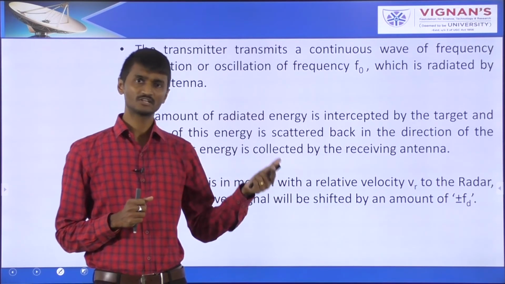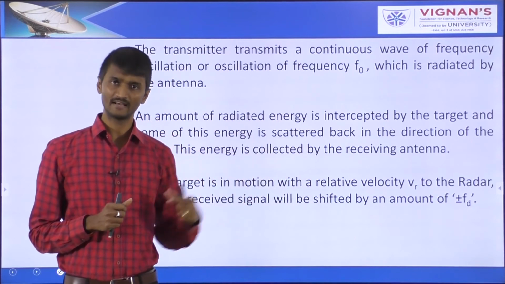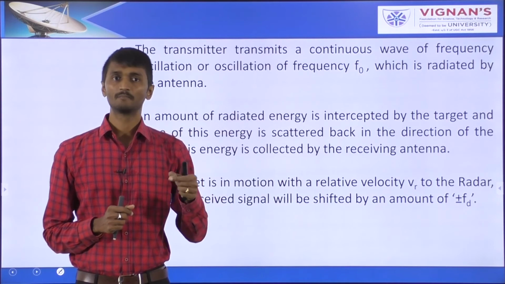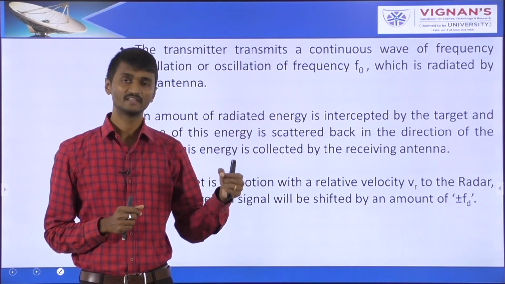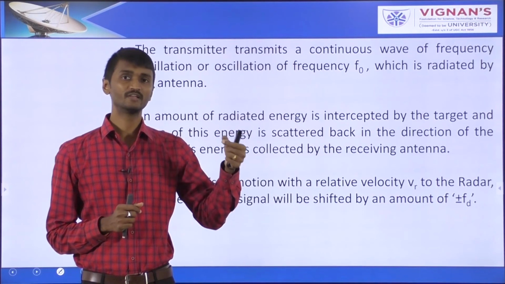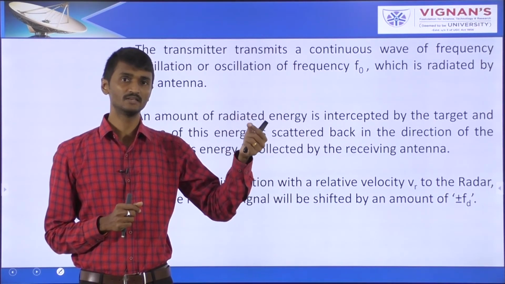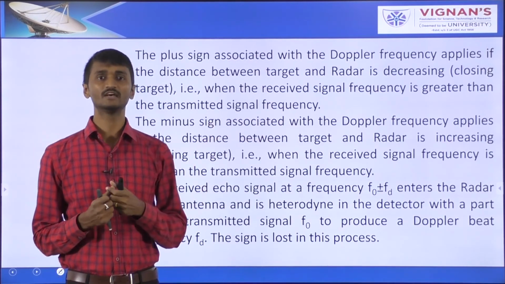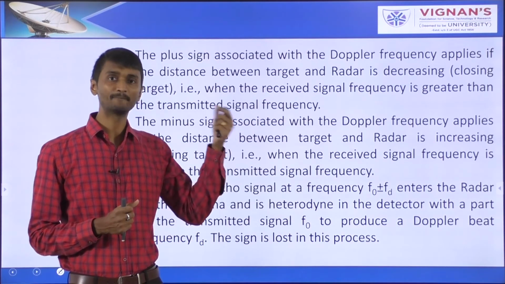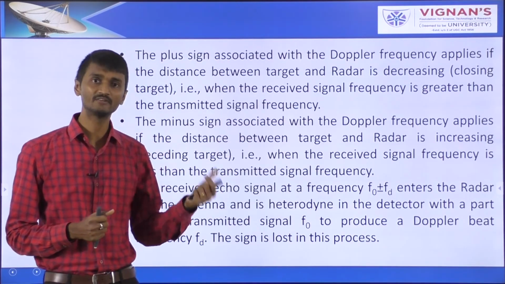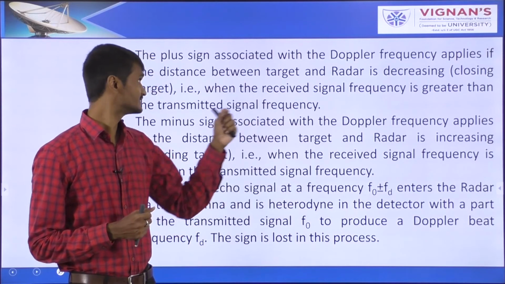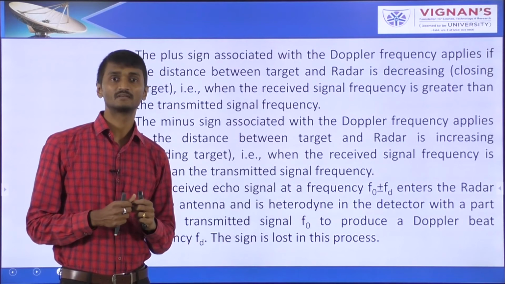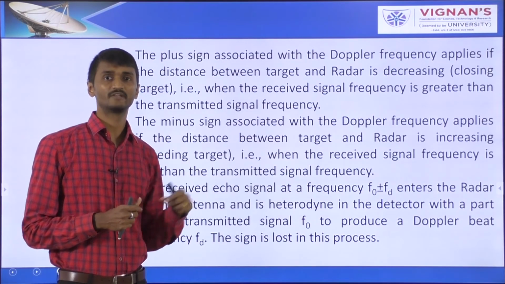If the target is in motion with a relative velocity Vr to the radar, then the received signal will be shifted by an amount of plus or minus Fd. Already we know Fd is Doppler frequency. So there will be a shift in frequency, that is plus or minus Fd. The plus sign associated with the Doppler frequency applies if the distance between the target and the radar is decreasing, that is closing the target, when the received signal frequency is greater than the transmitted signal frequency.